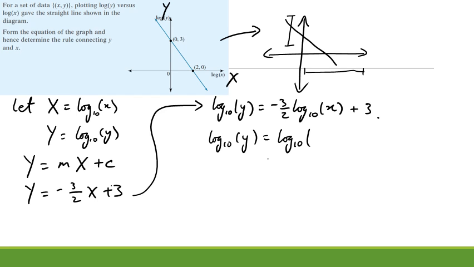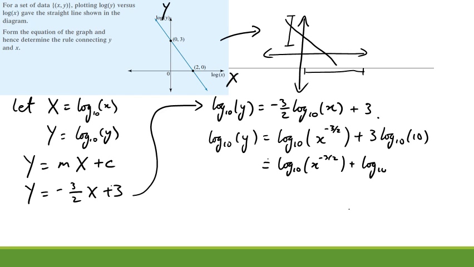First of all, the power outside can be put onto the x, so we have x to the power of negative 3 over 2. Then there's a 3 here, but if we rewrite this as 3 times 1, which is log base 10 of 10, we have that. Then we can put the power of 3 inside, like so.